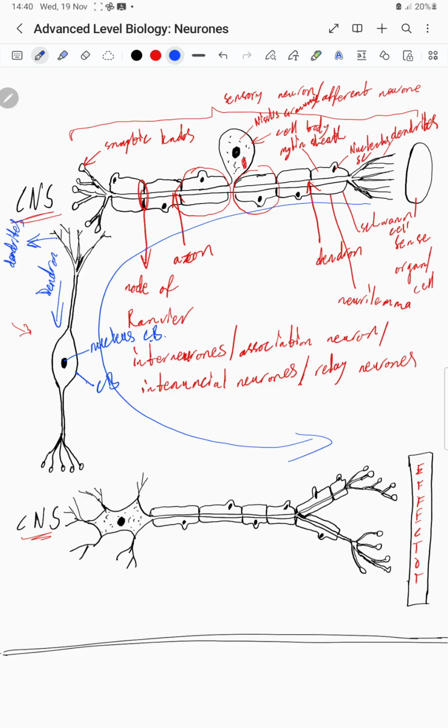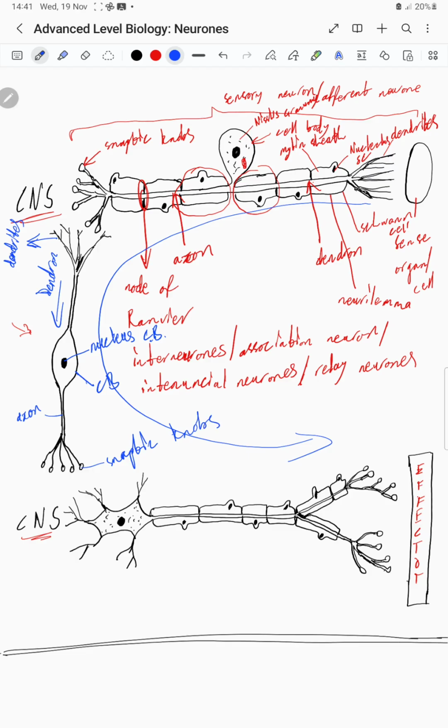Then we have the axon, which further divides into synaptic knobs.